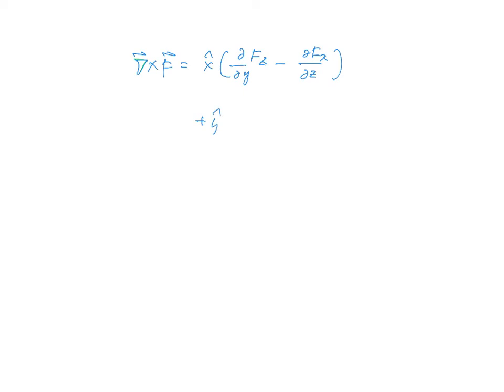Plus y partial z partial fx minus partial x partial fz, plus z partial x partial fy minus partial y partial fx. I will do the hard way first and then do the simpler way.